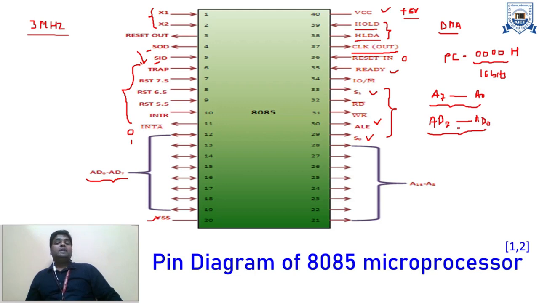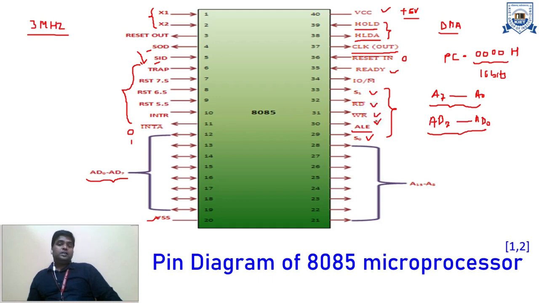So how can we identify this? This will be identified with the help of this ALE bit. If it is 1 or if it is 0, so for some time it will contain the address, and for another value it will contain the data information. So that is the role of this ALE.